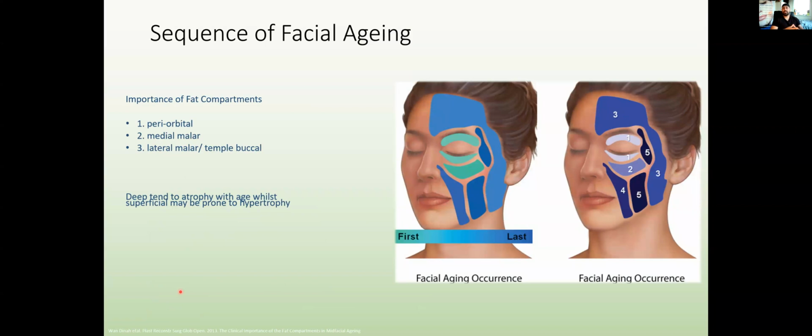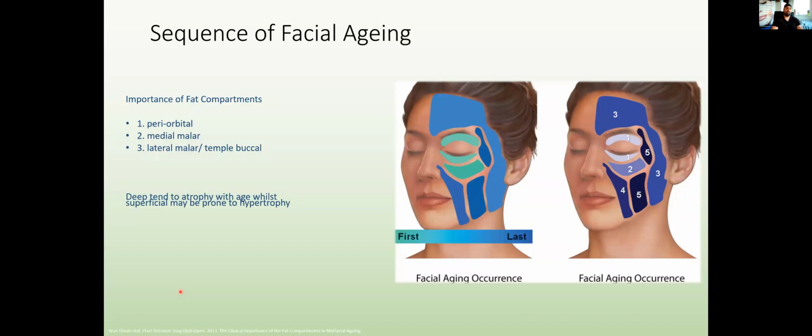Some of you may have seen this slide before in the previous webinar, where we're looking at the stepwise process of aging of the fat pads. This is an image taken from a study that was done in 2013 by Juan Dina and his crew. And we can see that one of the first signs of aging or loss of volume in the fatty compartment is in the periorbital region.